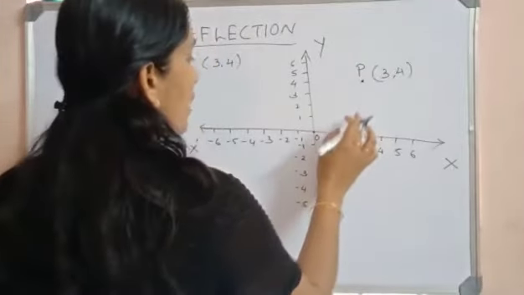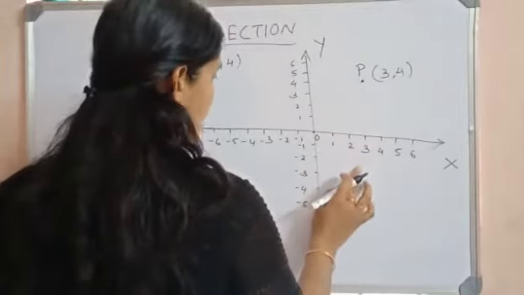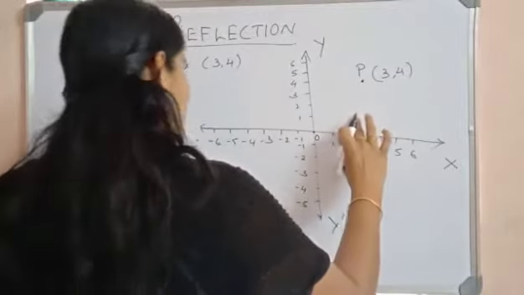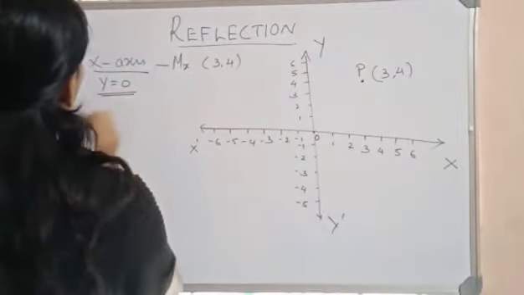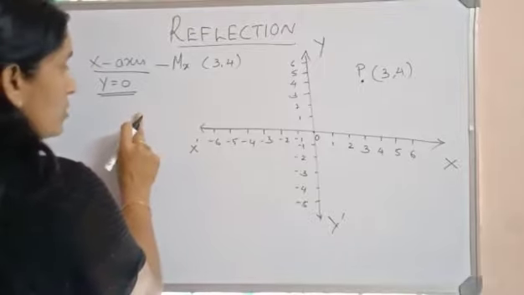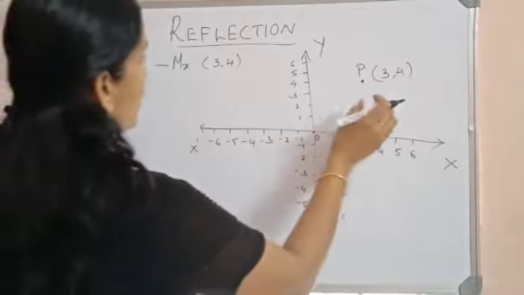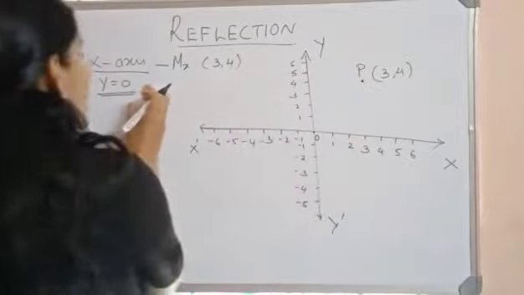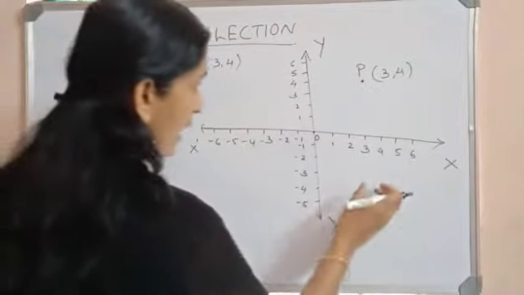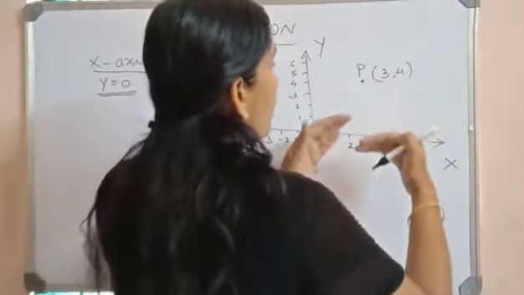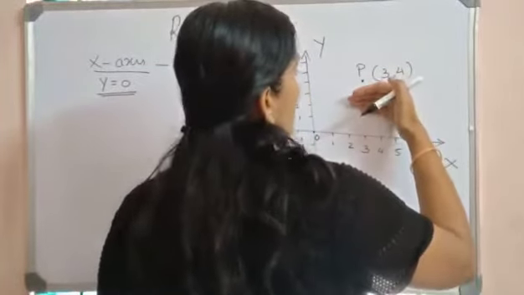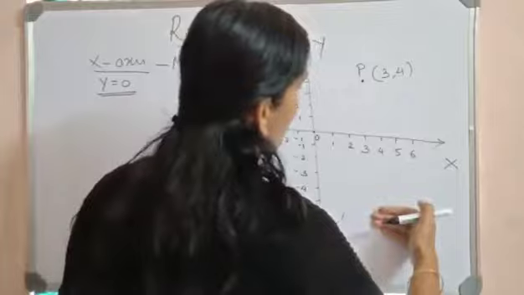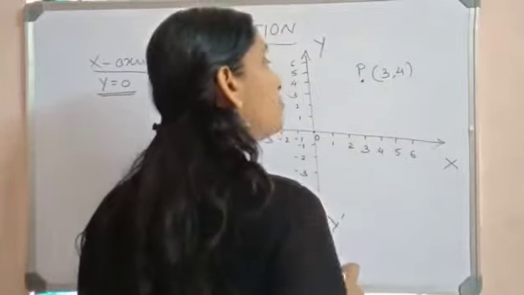First let's see the reflection of the point P in the x-axis. The equation of the x-axis is y equal to 0. So what happens when the point P gets reflected in y equal to 0, or in the x-axis? As I have told you, when the reflection takes place, we can see the image at the same distance behind the mirror. So here the x-axis is the mirror line.